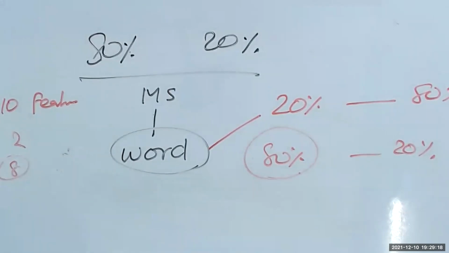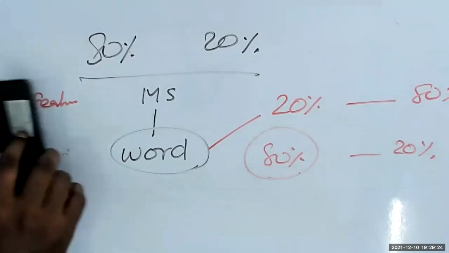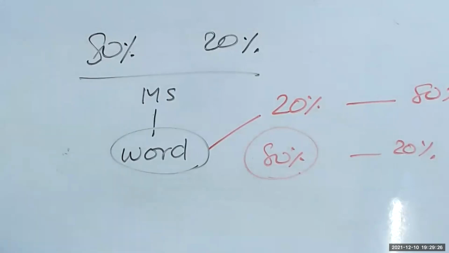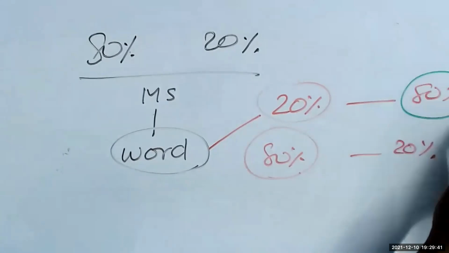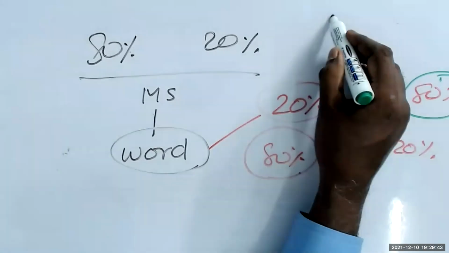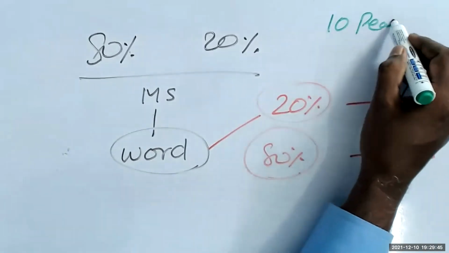Nobody uses 100% of a software. That's a trick. So what Microsoft will do internally is, the 20% of the software will be tested by 80% of the people. Let's say I have about 10 people for testing.